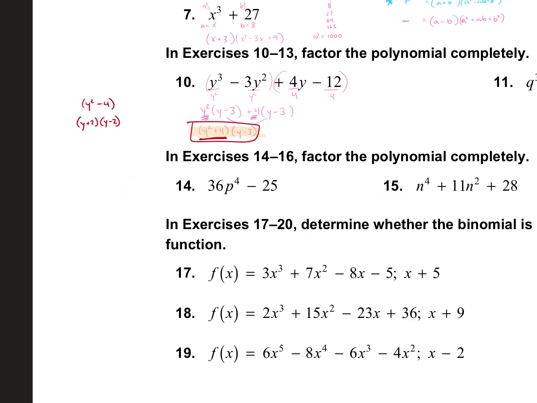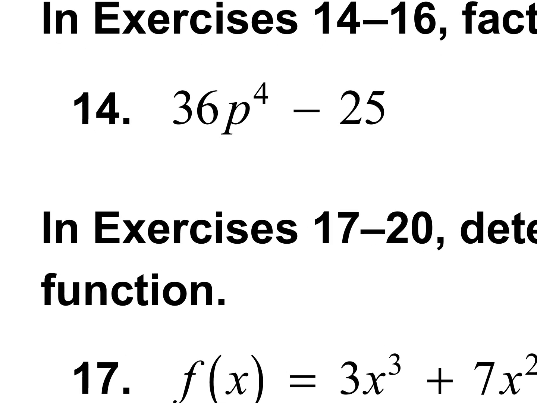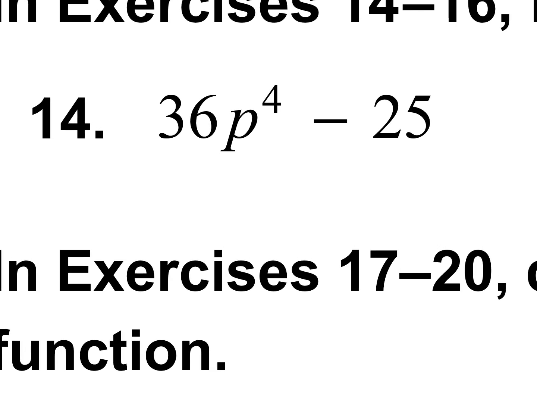All right, let's look at 14. So for 14, we are factoring. What's special about 36p to the 4th power and 25? Perfect squares. So this is the difference of squares. So what are my 2 factors of 36p to the 4th power? 6p squared and 6p squared. Awesome.